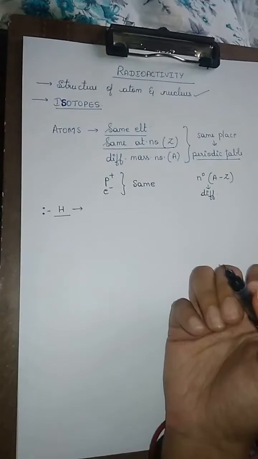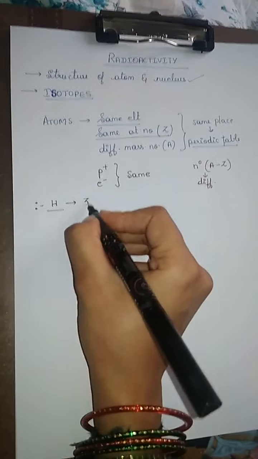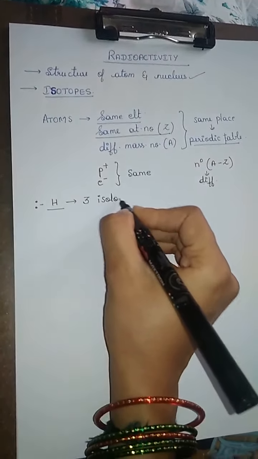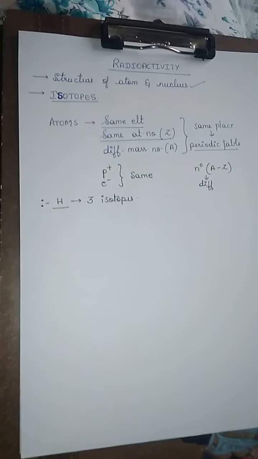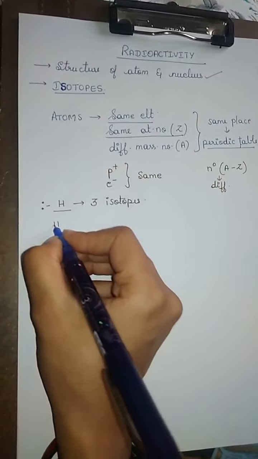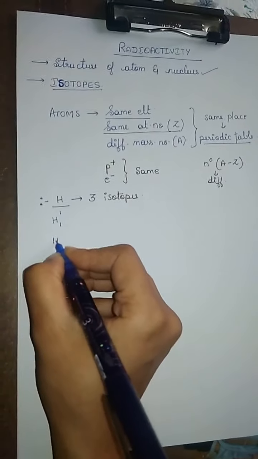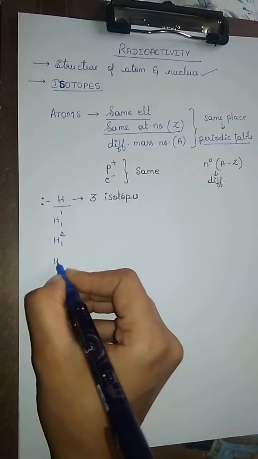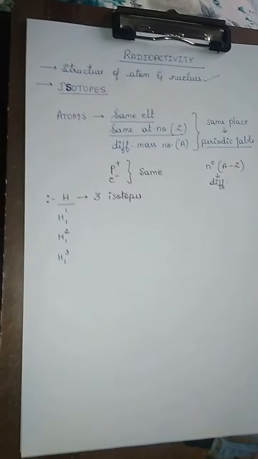So as you know, H is the symbol of hydrogen. Hydrogen has 3 isotopes. The first isotope is H11, the second is H12, and the third isotope is H13.